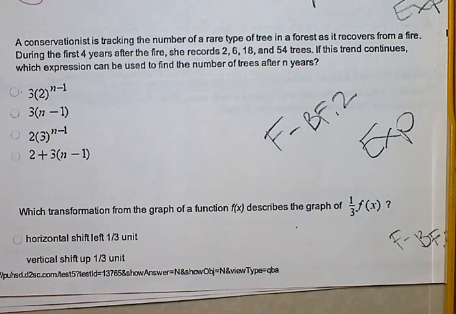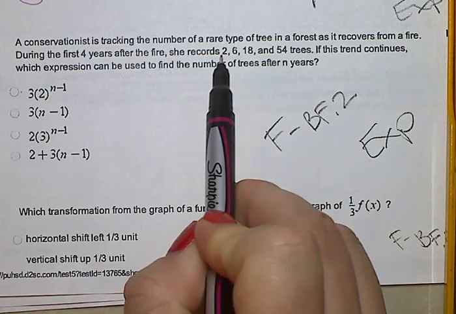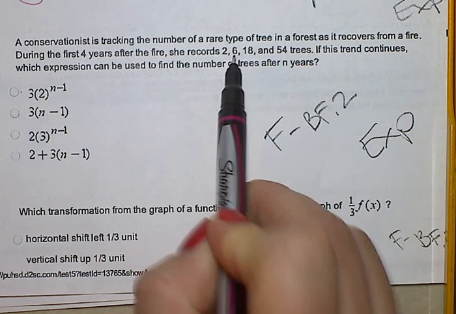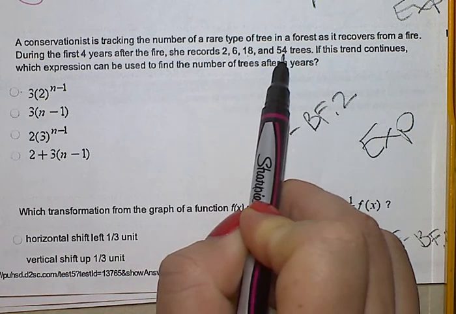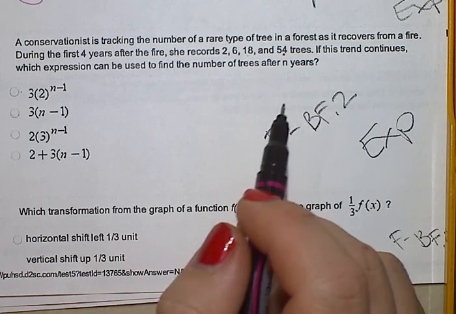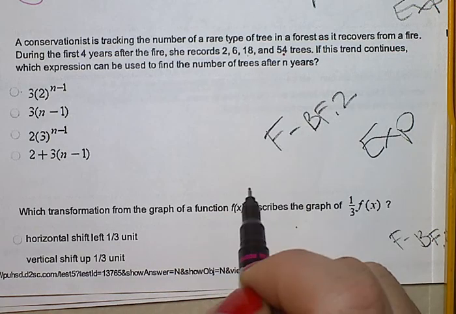So after the fire in year 1, there happens to be 2 trees existing that are rare. Then after year 2, there's 6, year 3, and year 4. Which expression, if this trend continues, can be used to find the number of trees after n years?